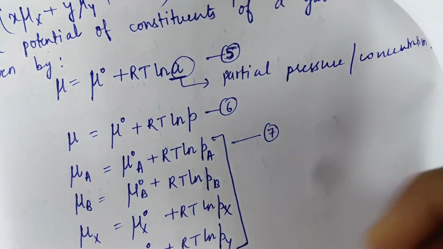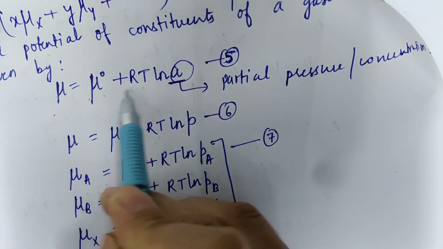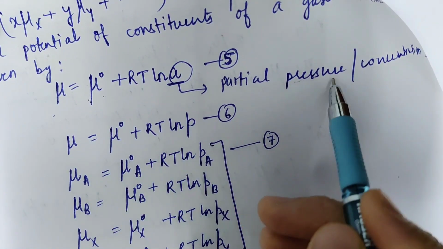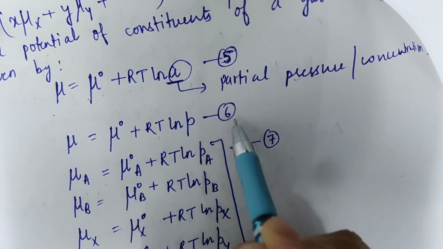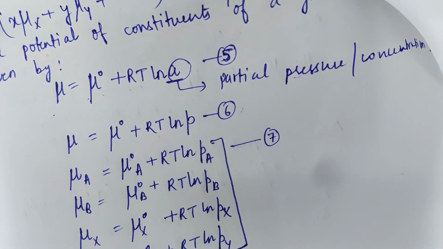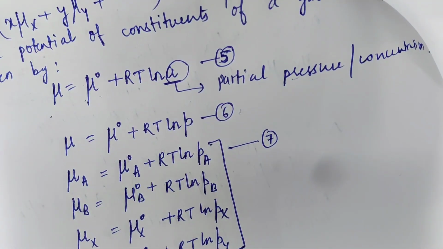This is the derivation in terms of pressure, but similarly you can derive an equation in terms of concentration. If you remember, we had written chemical potential in terms of partial pressure, in equation number 6.